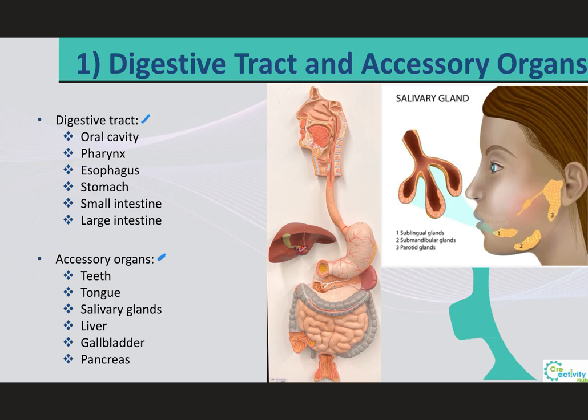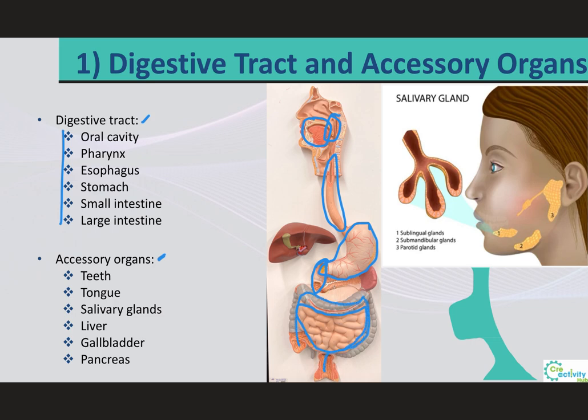The digestive tract will include all these organs that are listed here, which are the oral cavity, which can also be called the mouth, the pharynx, which we already know is shared with the respiratory system, the esophagus, which is this long tube right over here, the stomach, which is this pouch, the small intestine, which is all of this. It starts right over here and it continues down over here, and the large intestine.